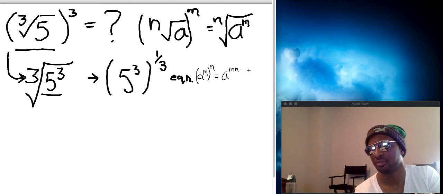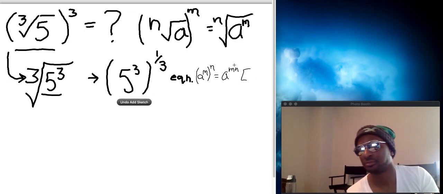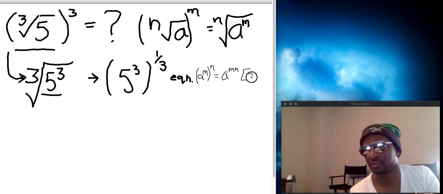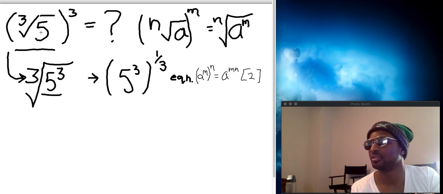Okay, so I guess we'll just call that equation 1. Actually, I guess that would be equation 2 because we already used the equation before. Just to derive this, we derived that.